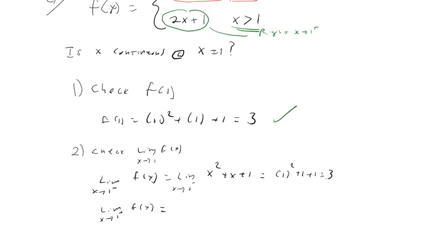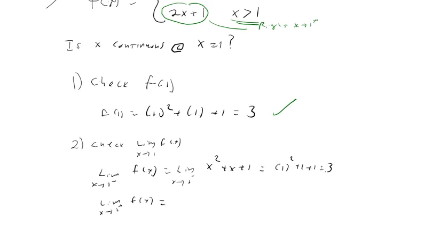So for this, I'm going to say the limit as x approaches 1 from the right side is 2x plus 1. We're using the 2x equation because that's what's on the right side, greater than 1.